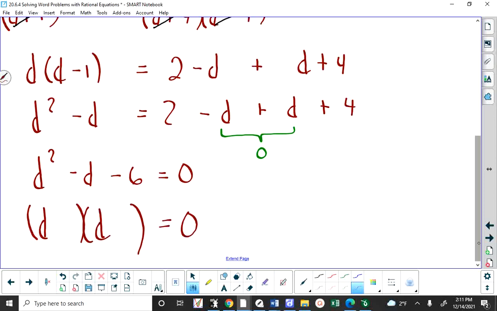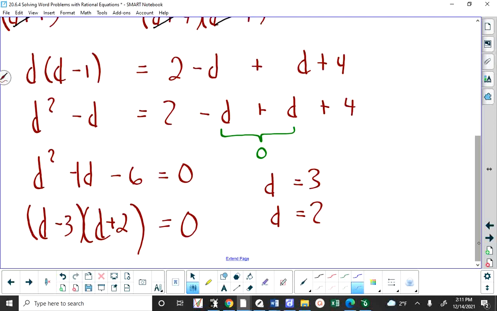Two numbers that multiply to give negative 6 and add to give negative 1, because it's negative 1d, would be negative 3 and positive 2. Which means according to this, we get d equals 3 and d equals negative 2.